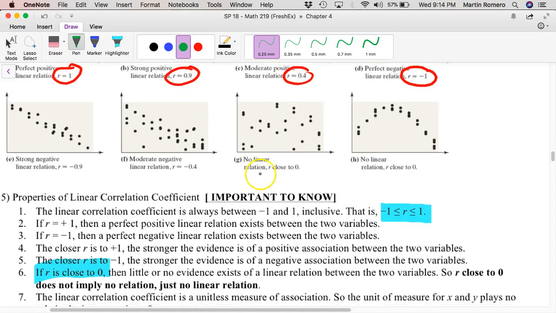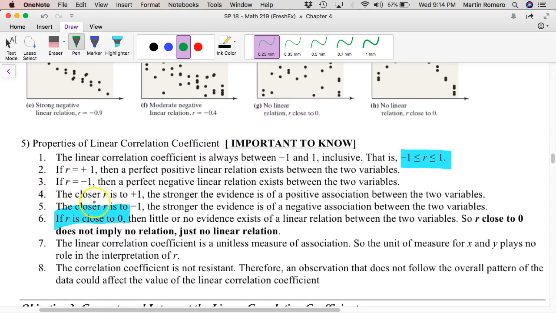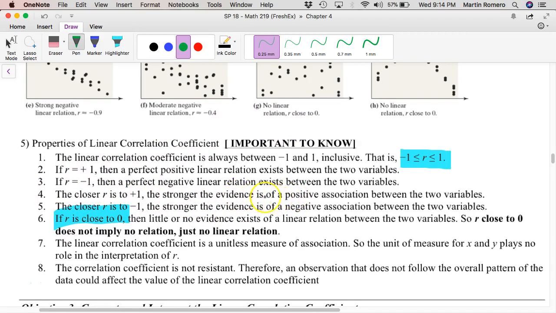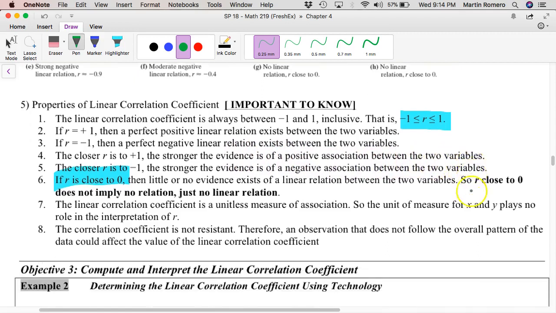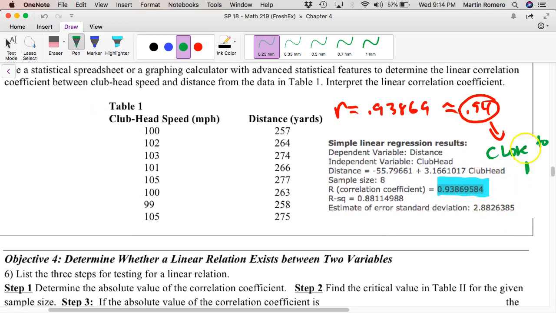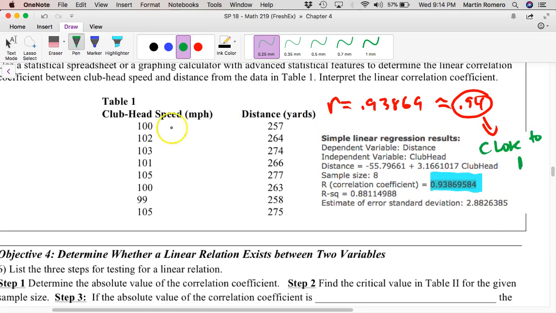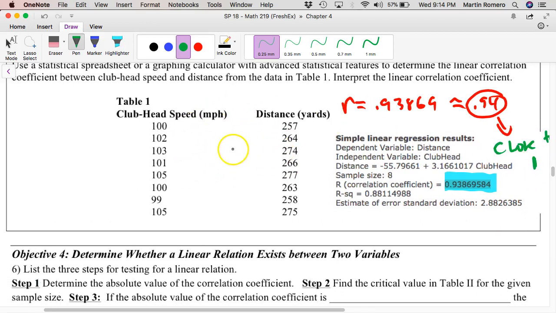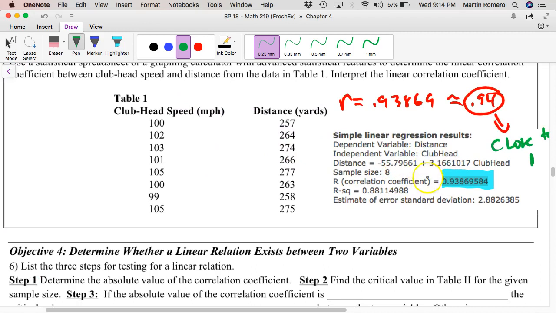The closer R is to a positive 1, the stronger the evidence is of a positive association between the two variables. So we have pretty strong evidence, since it's close to 1, that there's a positive relationship between those two. There's some other information we'll read here, an equation and the sample size, but again, this is the important value there.